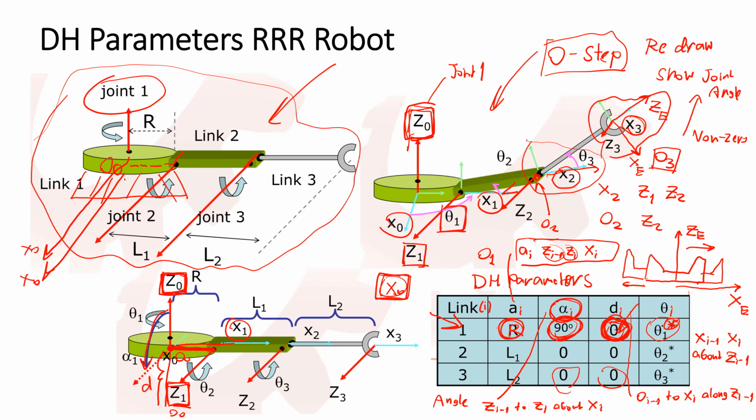If we can drive theta 1 by a motor and change the value of theta 1 by an actuator, so we have the star on theta 1.